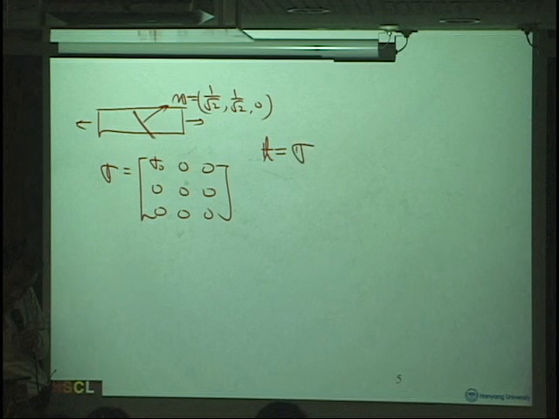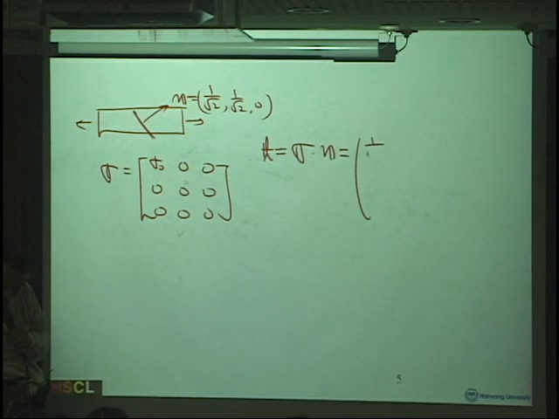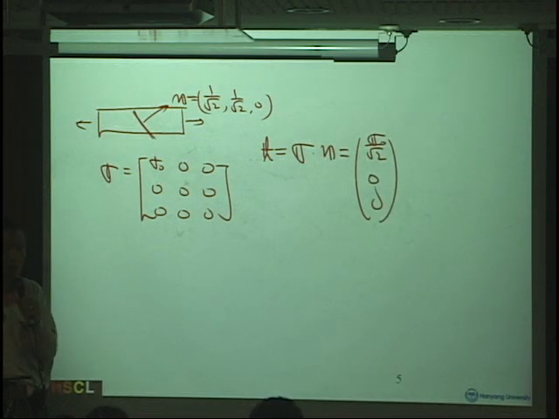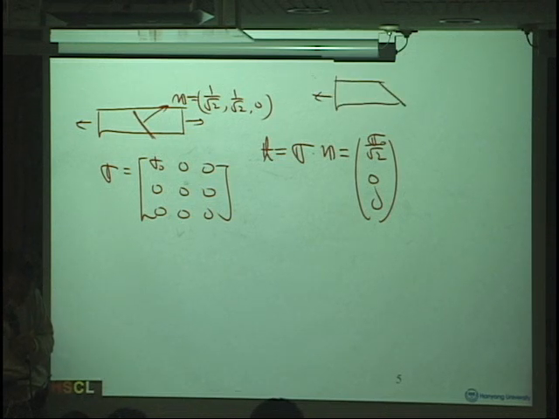If you multiply sigma and n, what will you have? You will simply have 1 over root 2 times sigma 0, 0, 0. Am I right?